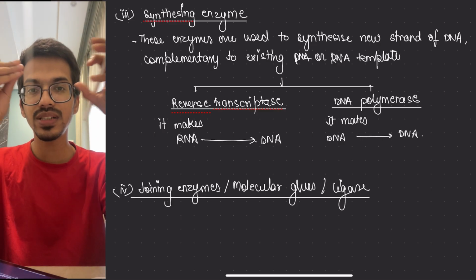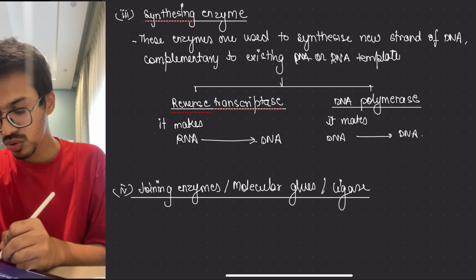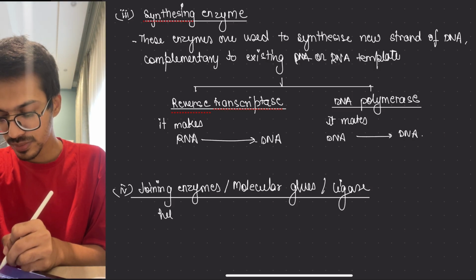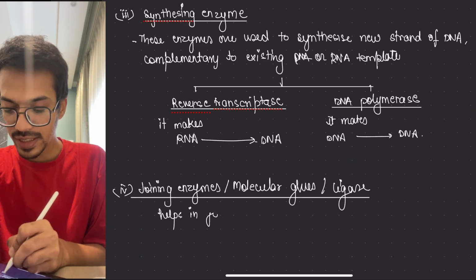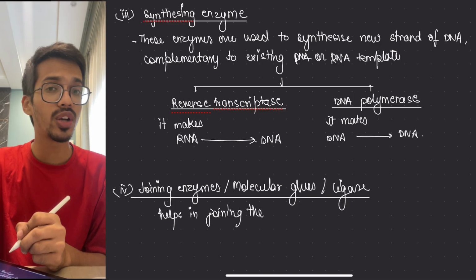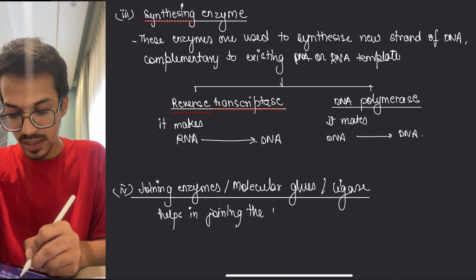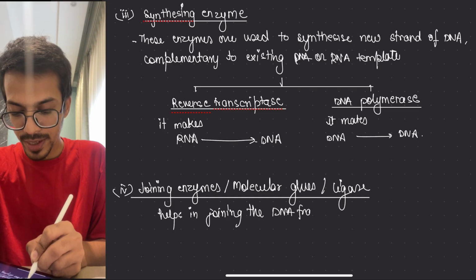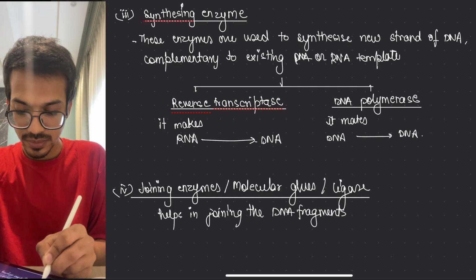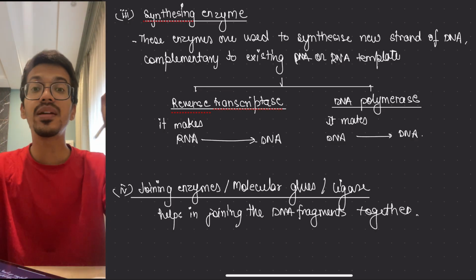These fragments have to be joined together. How will they be joined? With the help of these enzymes. You already know about DNA ligase from the molecular basis if you have been following my channel. They help in joining the DNA fragments together. With this, the enzymes are over.